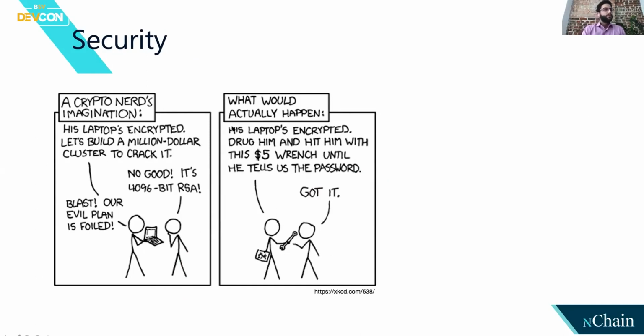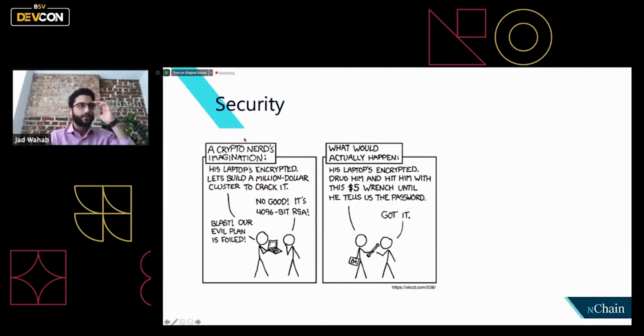If you understand security properly, you'll understand that it's always a matter of risk and costs. So if we take a look at this graphic here, this is what many people envision. A laptop is encrypted, and a hacker would build a $1 million cluster to crack it.